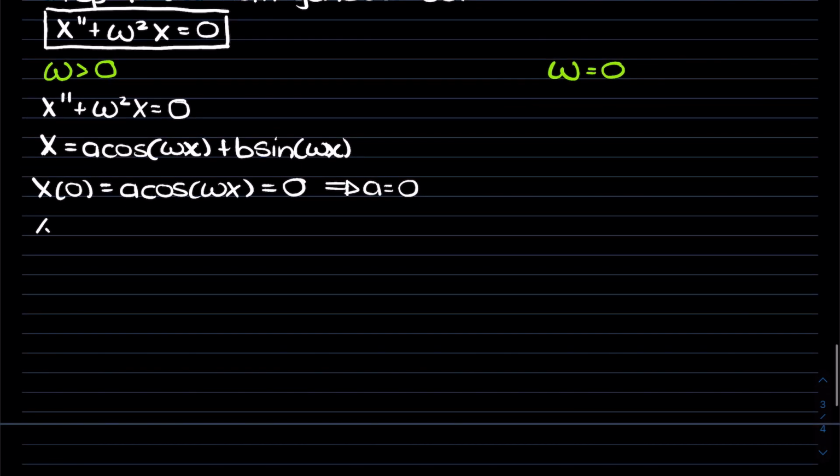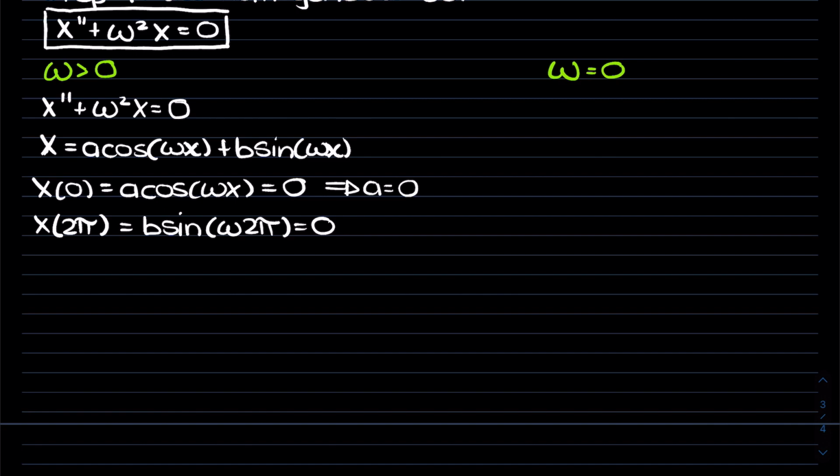Now if we put in little x equals 2 pi, we are going to get, remember here that a still equals 0, so we're going to have b sine lambda 2 pi equals 0. Now we could let b equal 0, but if both a and b equal 0, we're going to get the trivial solution.